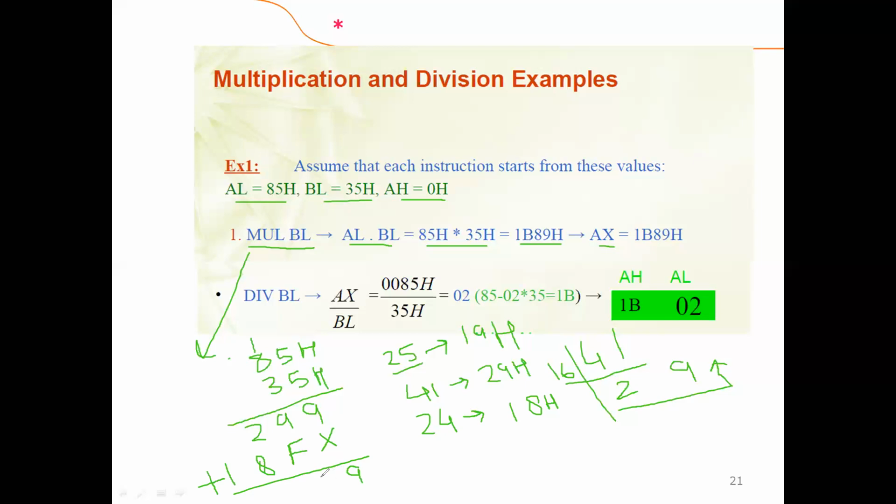So we will write 8 here, 1 carry. 8 and 2 is 10, plus 1 is 11. 11 is written by the symbol B in hexa. So what we need here is a good understanding of the hexadecimal and decimal number systems to convert decimal to hexadecimal. Then this is the result which is going to be stored in the AX register. So this is multiplication.